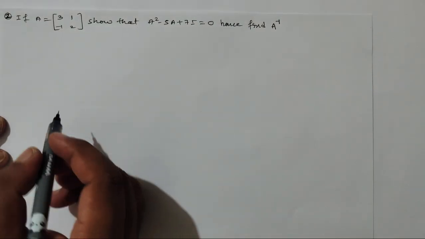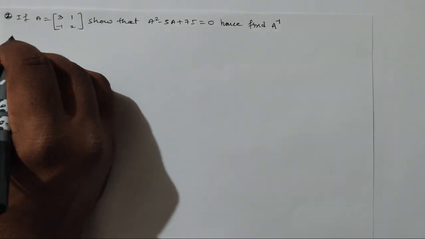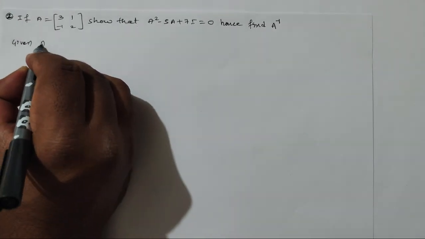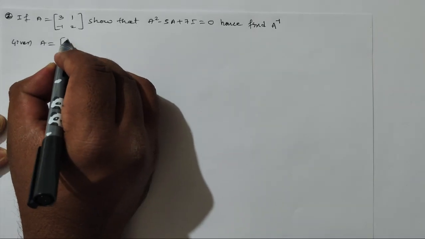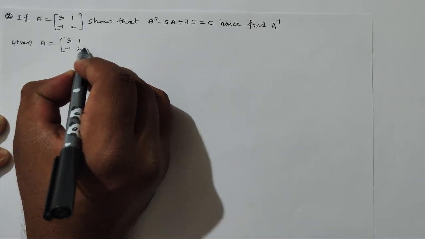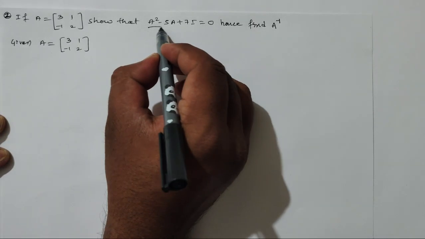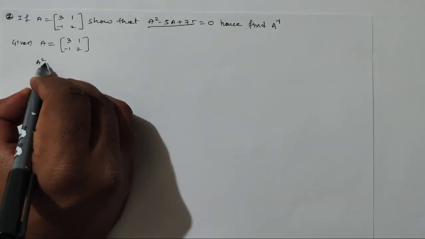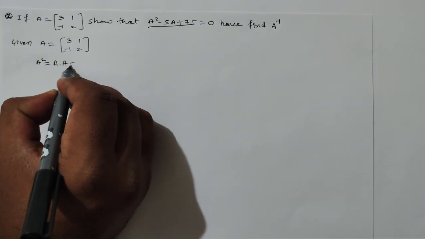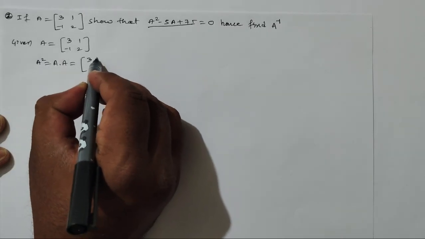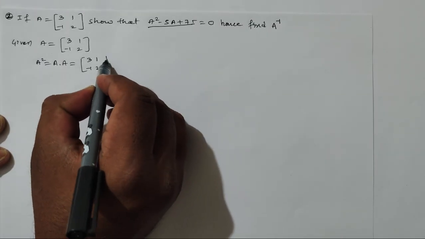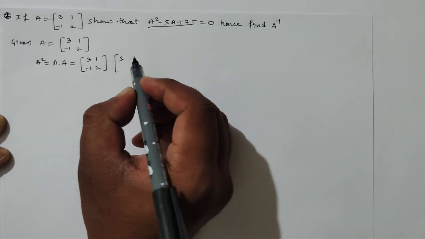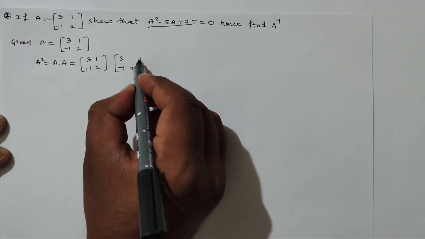Okay, next the second question, the same kind of question. The given matrix A equal to [3 1; -1 2]. First you find A square, which is A into A. That is [3 1; -1 2] into [3 1; -1 2].